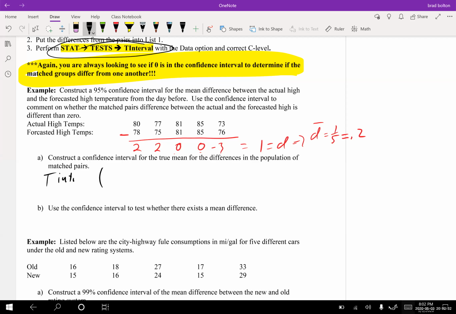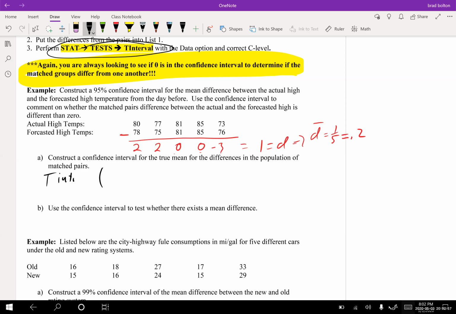Now we go into STAT TESTS, T-Test. Nope, sorry about that, you guys. STAT TESTS, TInterval, because we're doing intervals. I have data from List 1. And what level of confidence do they want? 95% confidence.